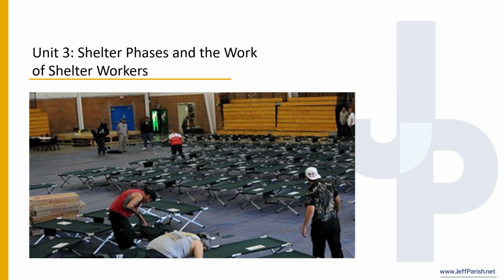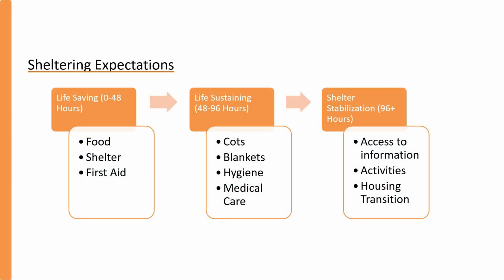Now we're going to move on to Unit 3, which covers shelter phases and the type of work that shelter workers would complete. It's important that we have realistic expectations for shelterees and staff.